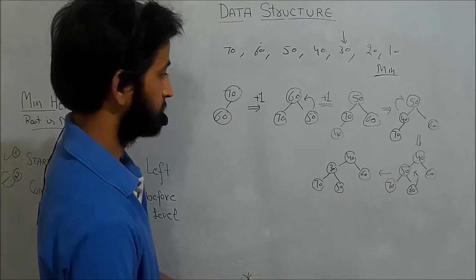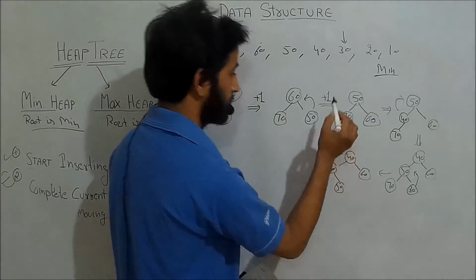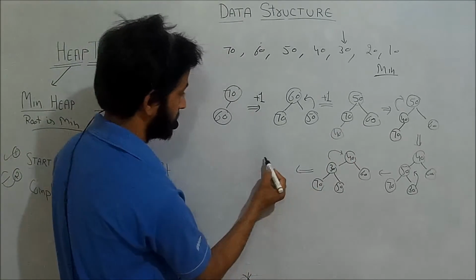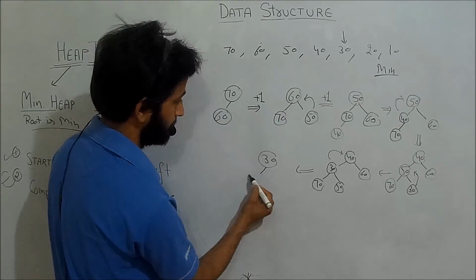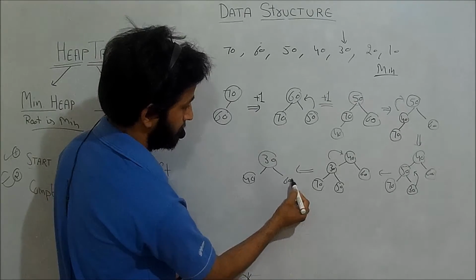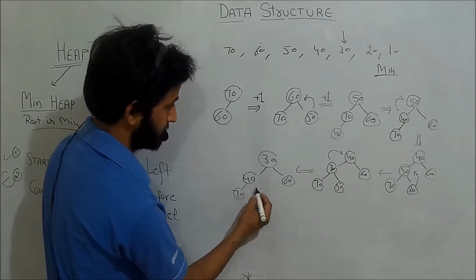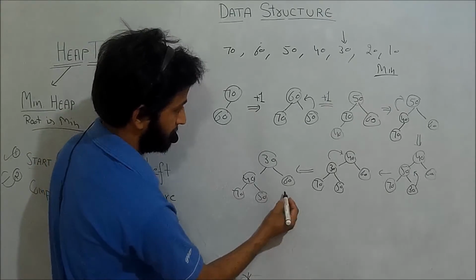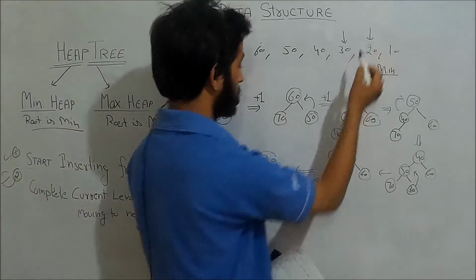Okay, so after inserting 30, there is also one more interchange required. Okay, so after interchanging, the resultant tree will be 30, 40, 60, 70, 50. Okay, after 30 we have 20.